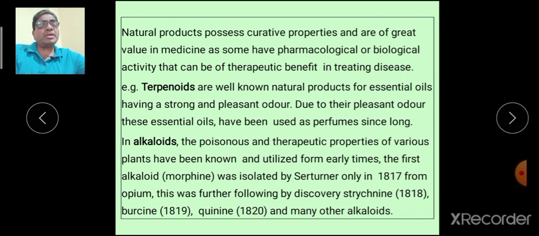The first alkaloid, that is morphine, was isolated in 1817 from the source opium, and it was further followed by the discovery of strychnine, brucine, quinine, which is antimalarial, and many other alkaloids. Therefore, it is important to study natural products.